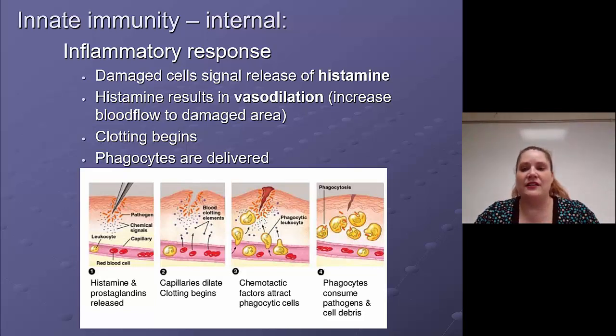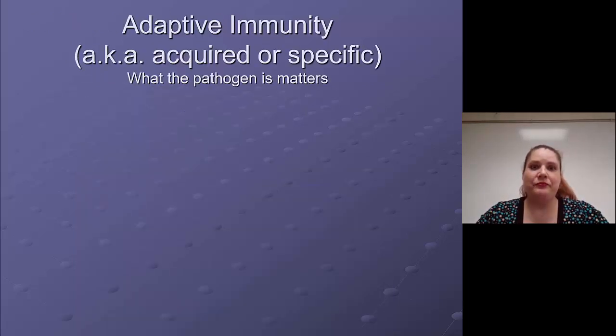Those phagocytes are going to eat them all, and now they're gone, and they're going to consume whatever other cell debris there is, so whatever cells died because of the pathogen or in the process of this. And then you can see that the cells are replicating and healing up the inside, filling that gap. And now you've got a nice healed wound. So the inflammatory response made it so that all of that could happen.